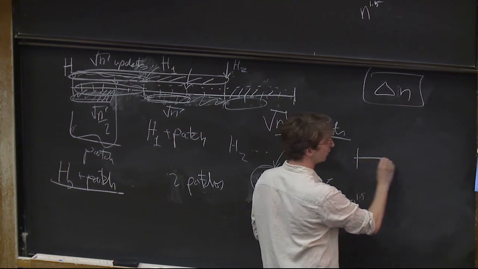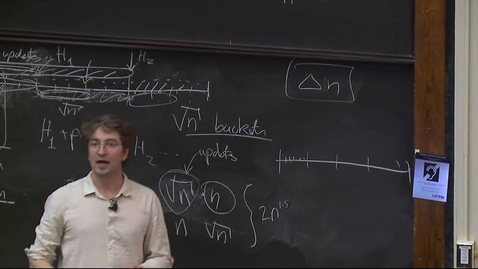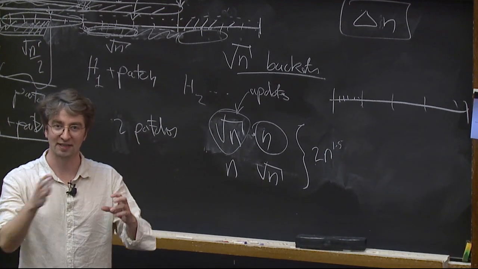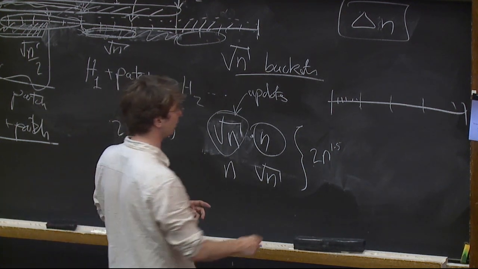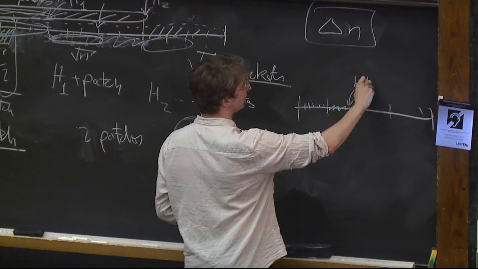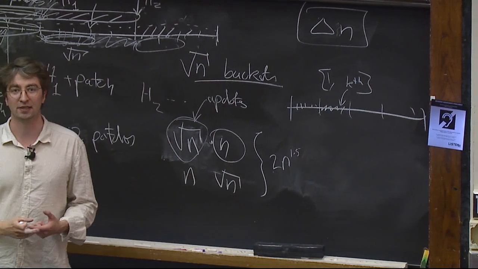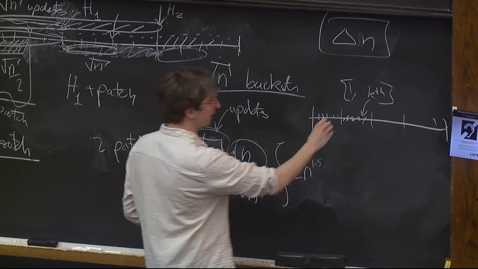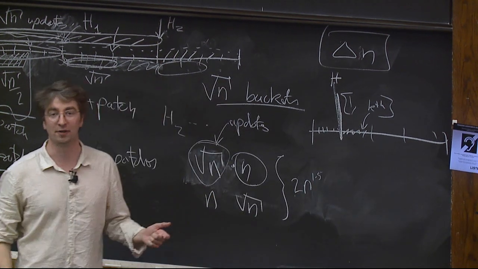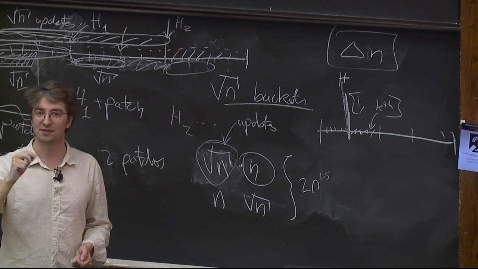Inside a bucket, so I have my square root n buckets. Inside a bucket, I'm always taking all of the updates that belong to that bucket that have arrived so far. For example, say I'm getting the kth update of the second bucket, then I'm taking all updates 1 through k of that bucket, starting from a patch spanner that I computed at the start of the bucket, and applying a patch with respect to these updates 1 through k.